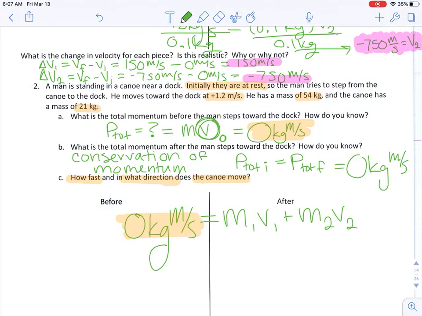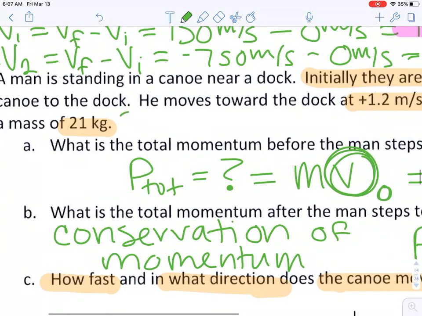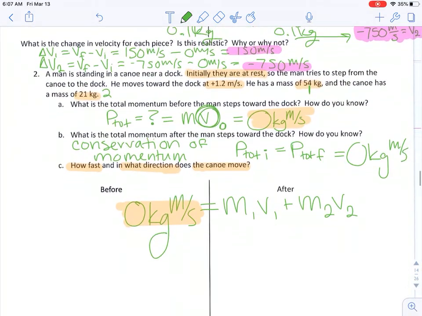But otherwise, it's the same old regular equation, and we're going to plug in our pieces. So I'm going to choose that the man is object 1 and the canoe is object 2. And so object 1's mass is 54 kilograms, times its velocity, and it says the man moves at 1.2 meters per second.